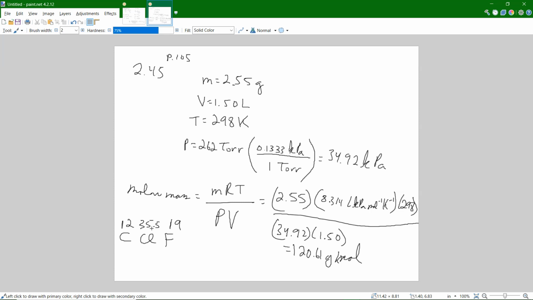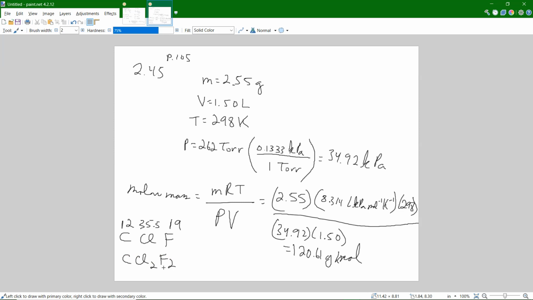So 35.5 times 2, that's 71, plus 19 times 2 is 109, plus 12 is 121. That works, right? So it's CCl2F2. CCl2F2 would be our answer for 2.45.